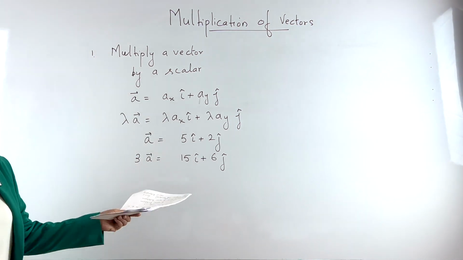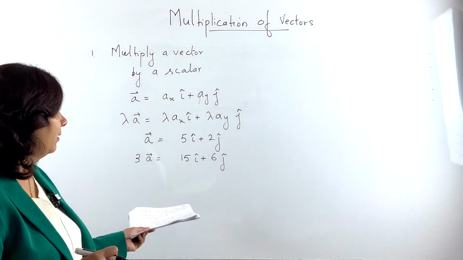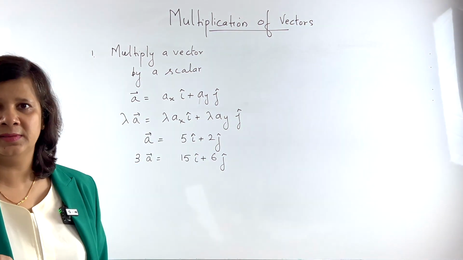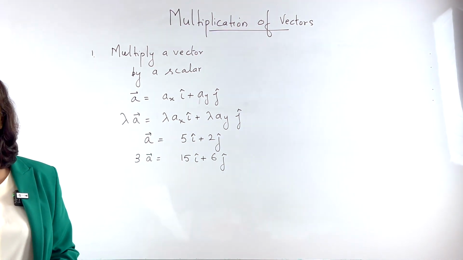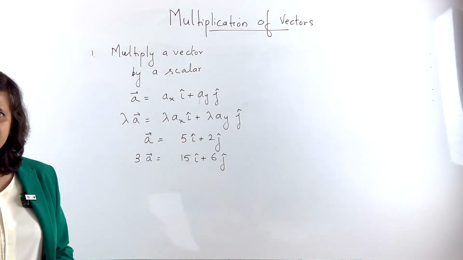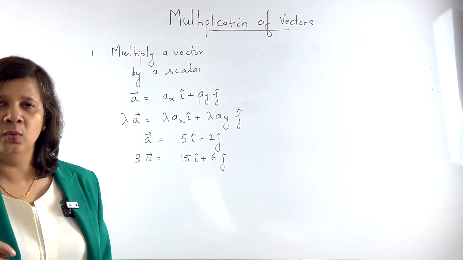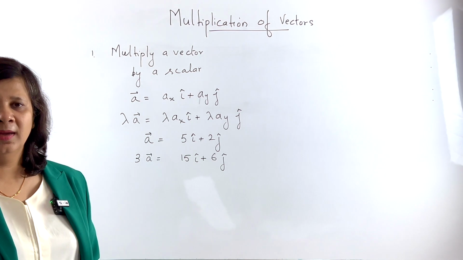Okay. And when you find the magnitude of this vector, the magnitude will become 3 times. This is the meaning of multiplying a vector by a scalar. And at the end, we will get a vector again. Only its magnitude will become lambda times.